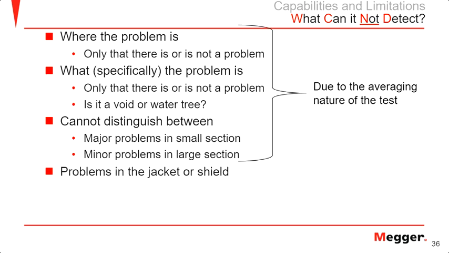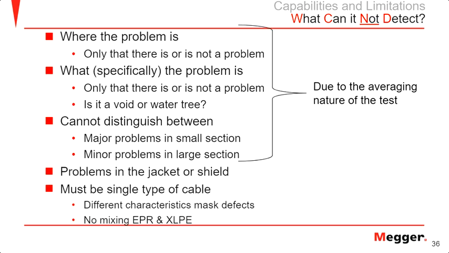It cannot tell you whether there's problems in the jacket or shield. It is an averaging test again, so it cannot pinpoint to that section. And it must be a single type of cable. So different characteristics of different cable insulations mask certain defects.